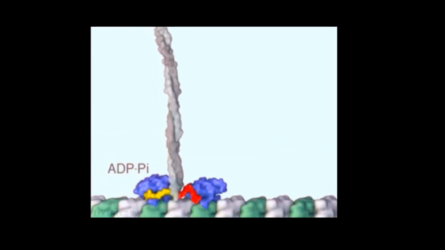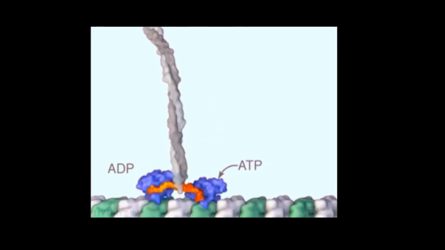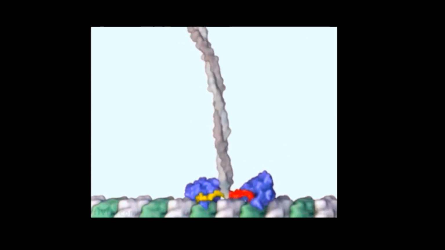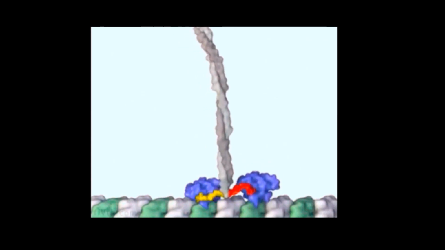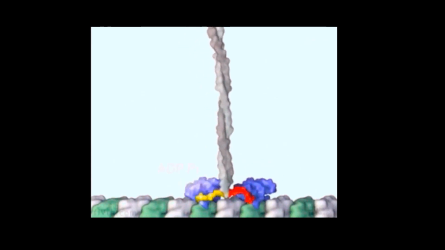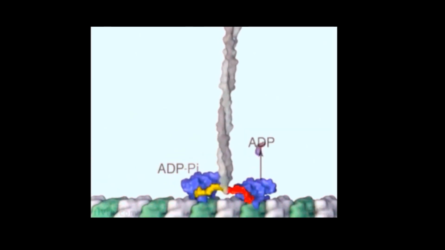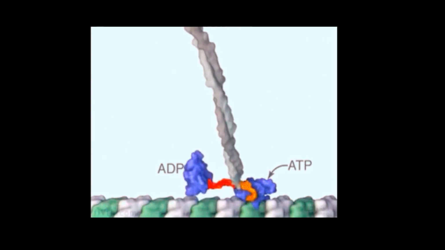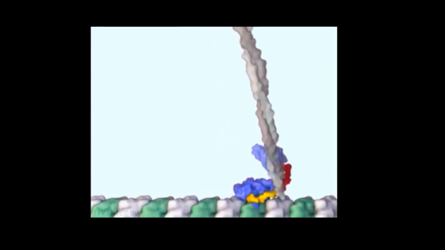Then we hydrolyze the ATP, and it can swing forward. Again, it's going to bind, and we replace the ADP with the ATP. Meanwhile, the other one hydrolyzes its ATP, which allows it to unbind and swing forward as well.